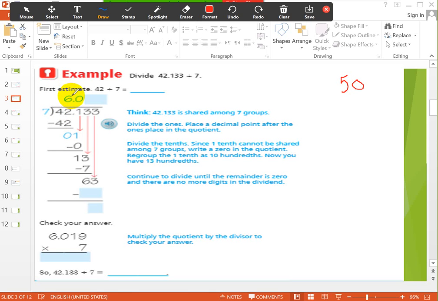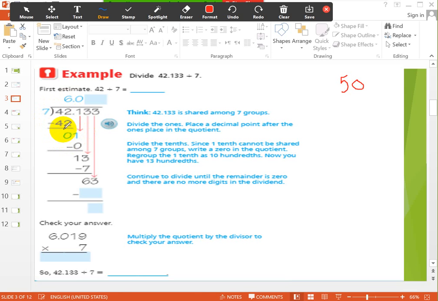So I will put here 6 in the ones digit, because the number right here is a ones number. 42 ones. Then I will multiply 6 with the divisor and write the number under the 42 ones. So 42 minus 42, 2 minus 2 equals 0, 4 minus 4 also 0.